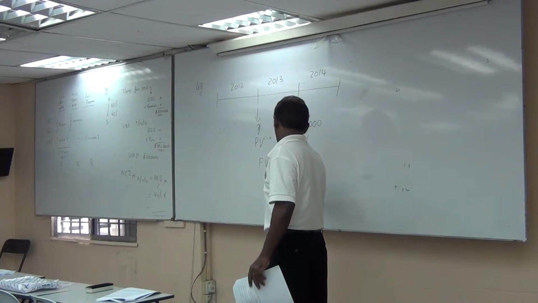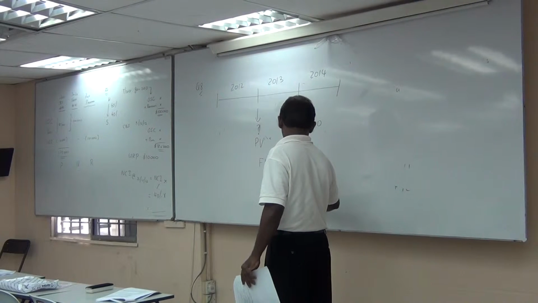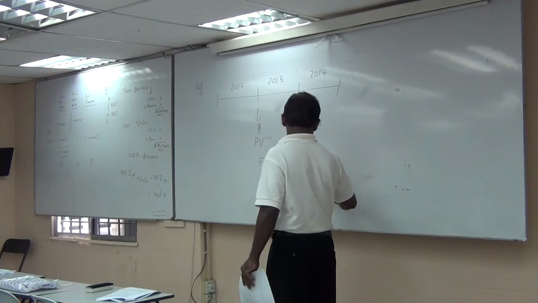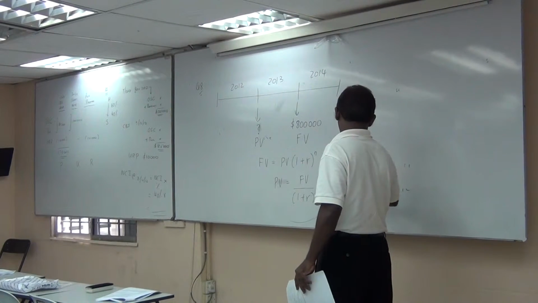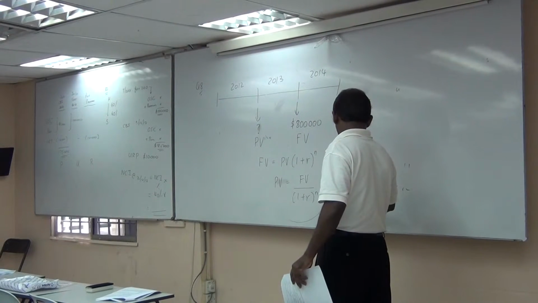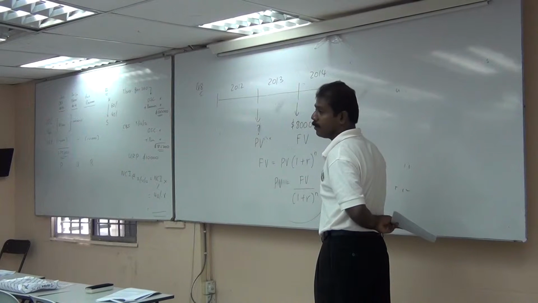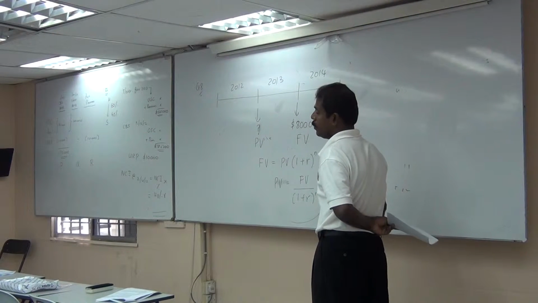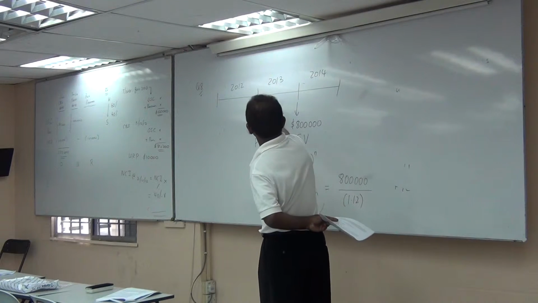So how to calculate present value? Future value divided by 1 plus. What is the future value? 800,000. What is the discounting factor? 12%. So 1.12. How many years? 3 years. 2. How many years?